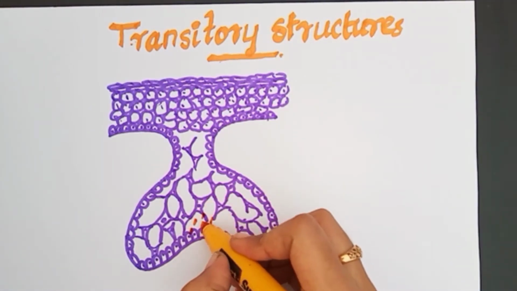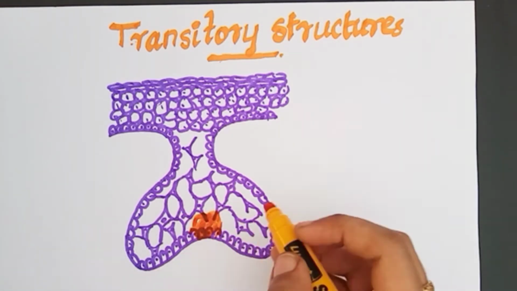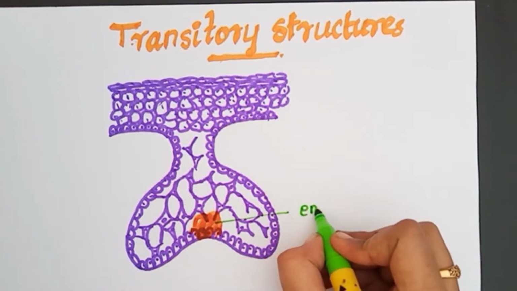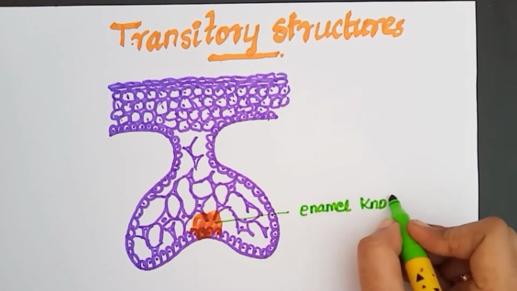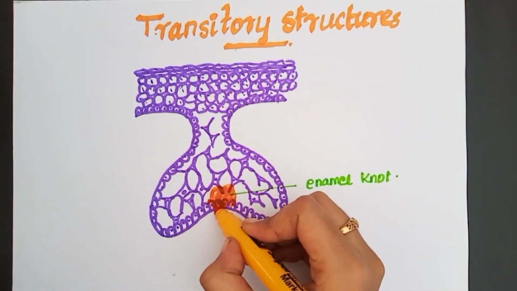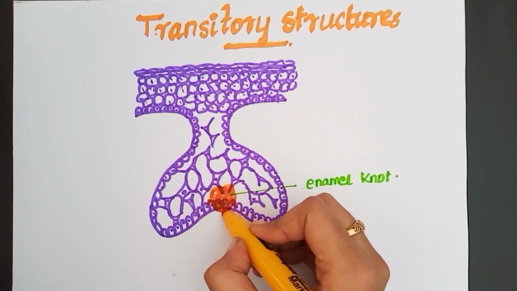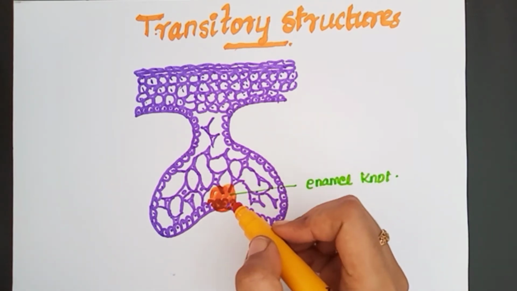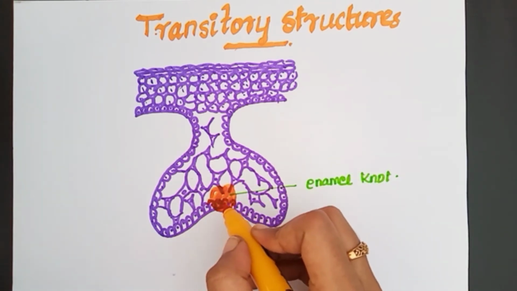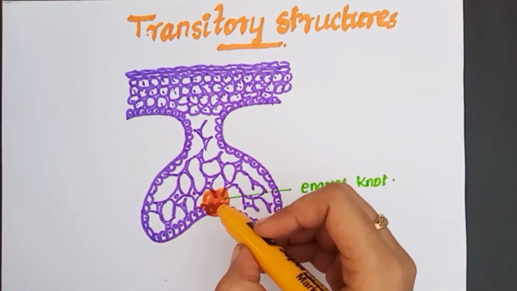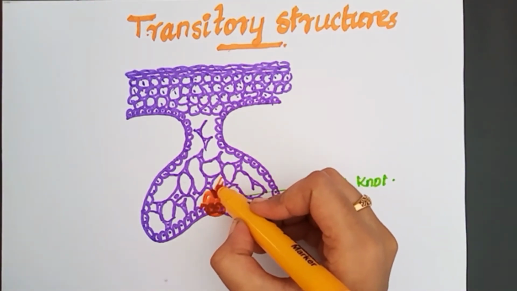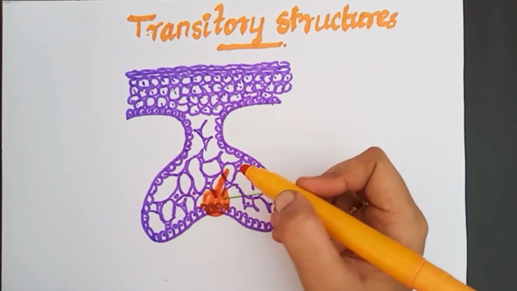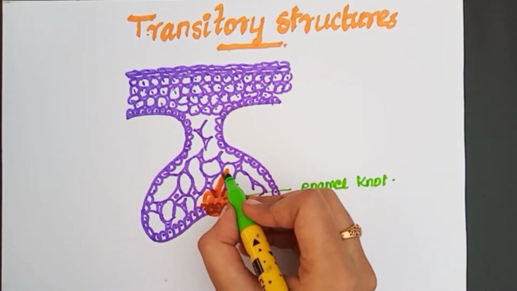The cells in the center of the enamel organ are densely packed and form the enamel knot. This knot projects in the part near the dental papilla at the center of the invagination, showing a knob-like structure. Alright? At the same time, a vertical extension of enamel knot occurs, and this is called enamel cord.